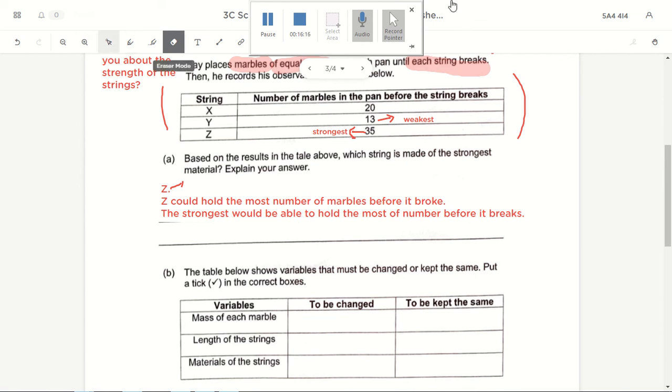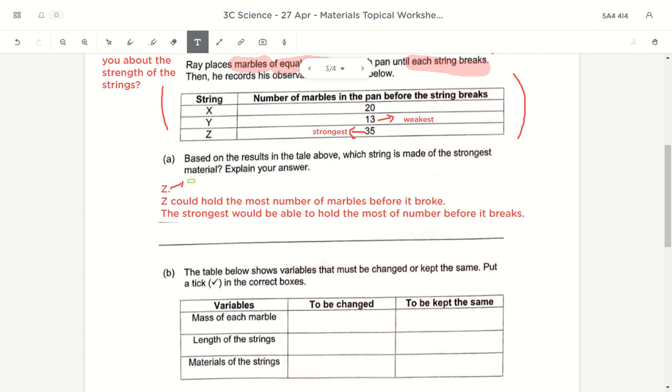So Z is actually the claim, the answer to the question. Okay, so this is the claim. So which string? It is Z. That's the claim. So where's the evidence?